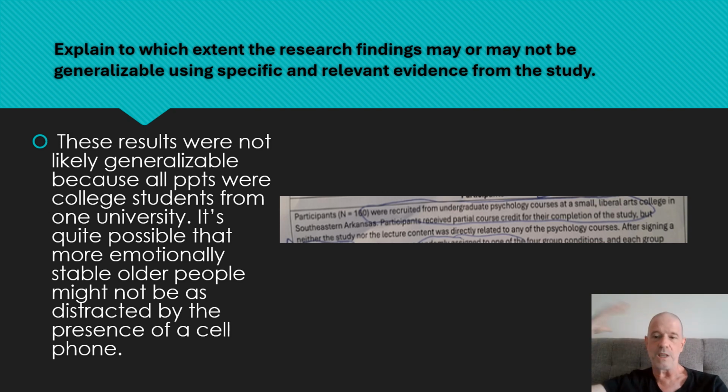My frontal lobe is more developed after the age of 25. Yeah, we've gone through all of this. So it is quite possible that more emotionally stable older people might not be as distracted by the presence of a cell phone. I mean, that makes sense, right? And to me, that second sentence says, I have explained why this is the case.